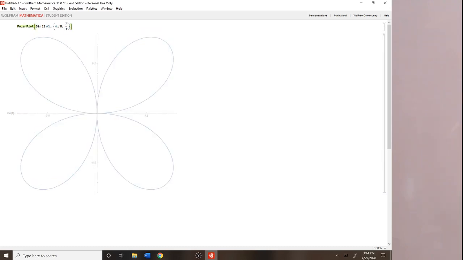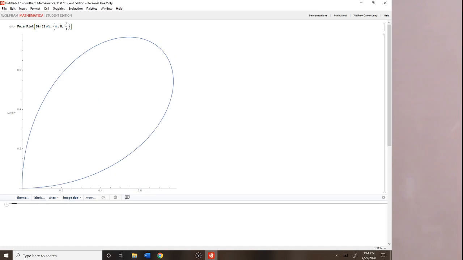Normally we would plug in pi, but because it's 2 theta, we need pi over 2. And so you should see now on your screens that we get 1 petal if we go from 0 to pi over 2. You should be able to replicate this on your calculator, so please practice that at least with one of these functions, because I am going to ask you to do one of these on your final, and so you've got to be able to plot it.